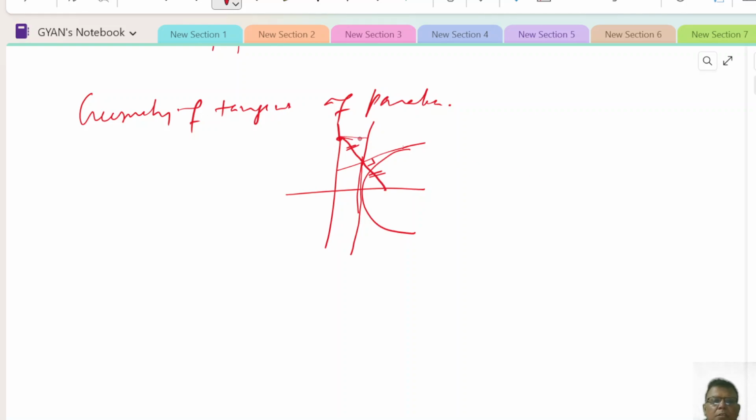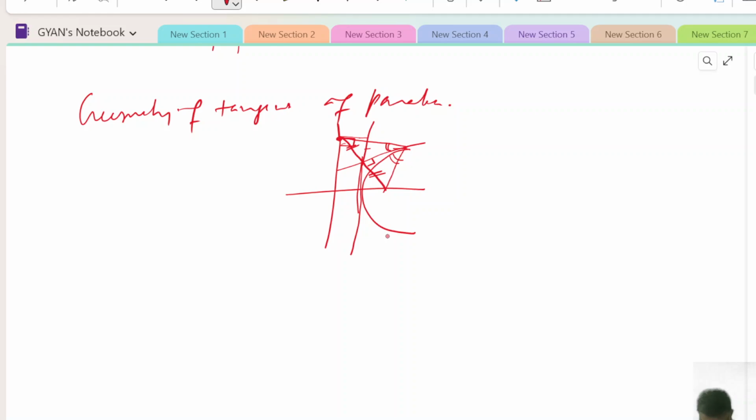Now come to the second. Suppose here a line is there and you draw a line here. So this angle and this angle will be equal. This is perpendicular to this line, and this is perpendicular to this line, so this angle and this angle will be equal.